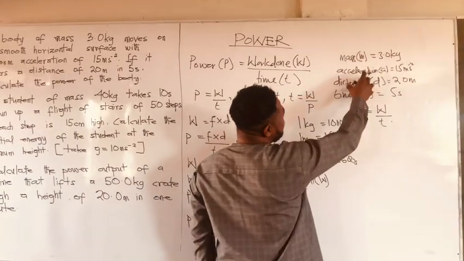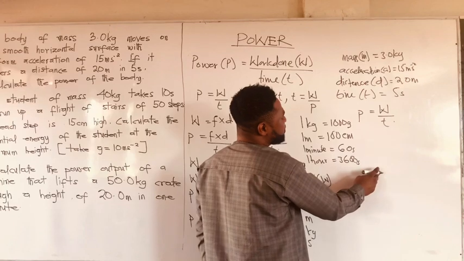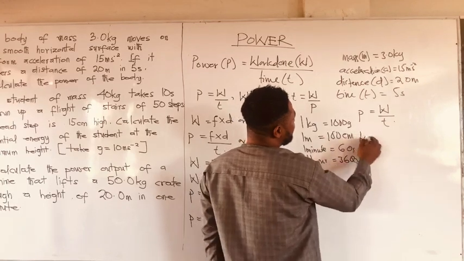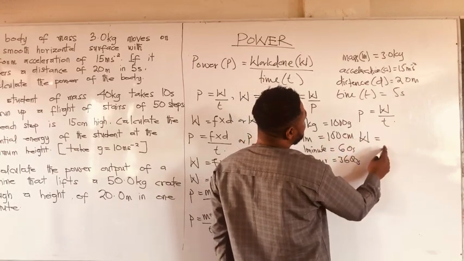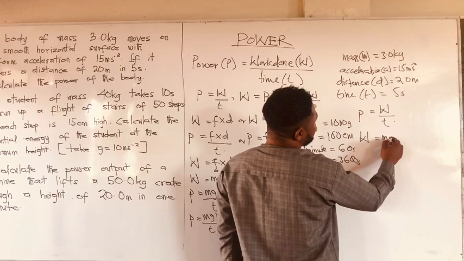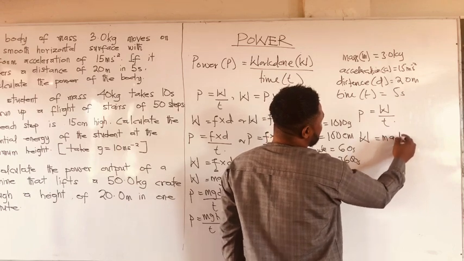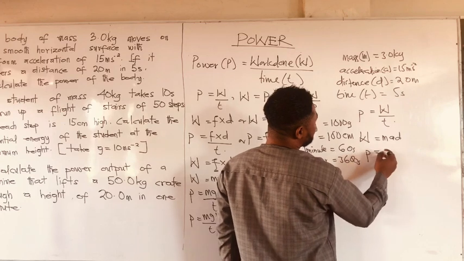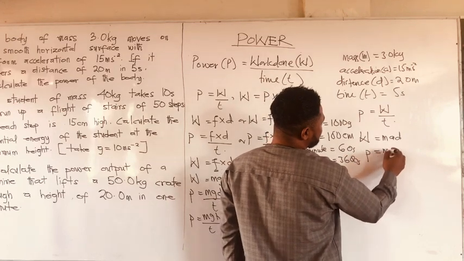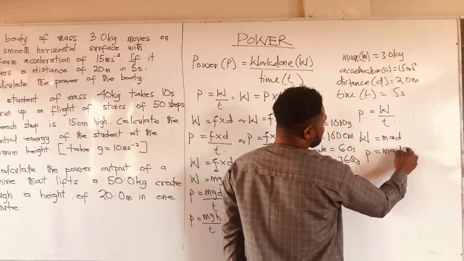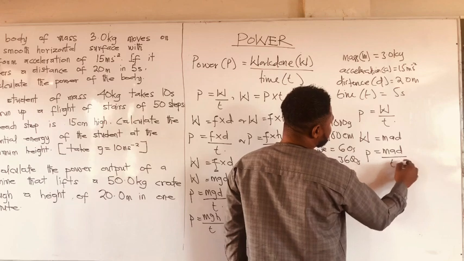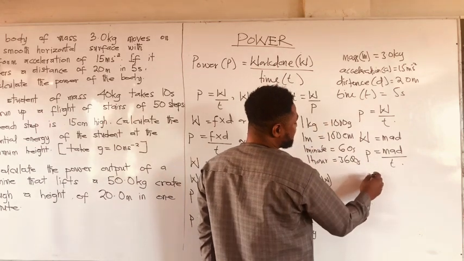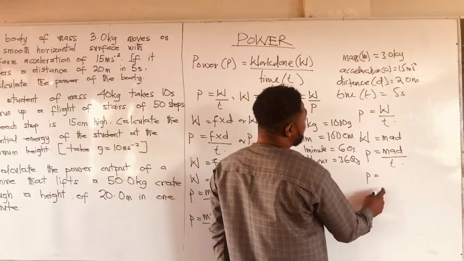But when we look into the data, work done is not there. But we know that our work done can also be given as mass times acceleration times distance. Therefore, our power can be written as mass times acceleration times distance all over time. So we are going to use this formula to get our power.